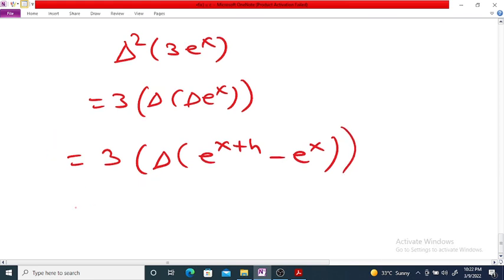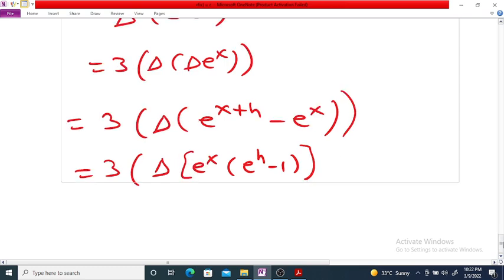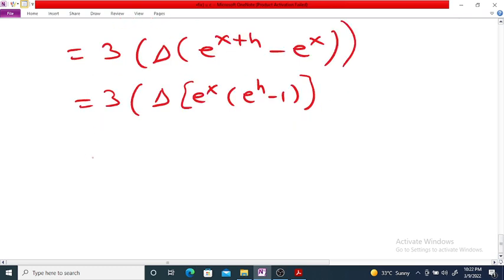So this is 3 times Delta of e raised to x into e raised to h minus 1. Again, e raised to h minus 1 is a constant, so if we take it outside, it is 3 times (e raised to h minus 1) inside the bracket.